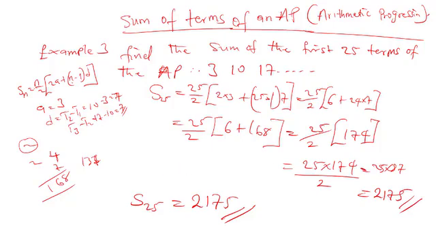Remember, 2175 is not the 25th term. If you want the 25th term, use the formula a plus (n minus 1)d. But if you want the sum of the first 25 terms, you employ the sum of an AP formula.